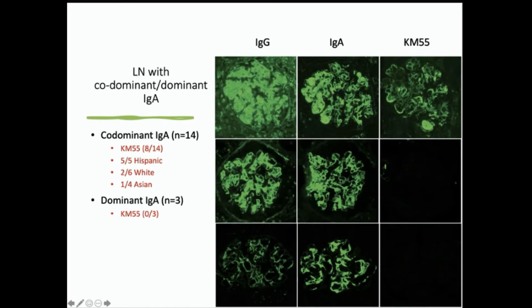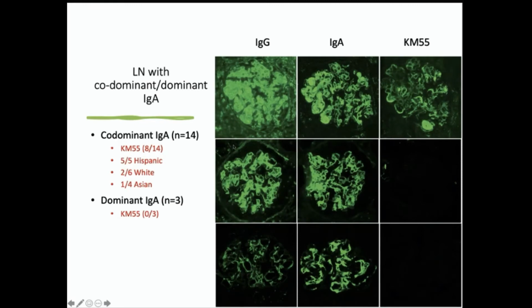These first two rows, I would call co-dominant IgG and IgA, because both are very bright. Because they're so bright, it's harder to tell which one is more dominant. And then the bottom row are the cases where IgA is actually brighter than the IgG.